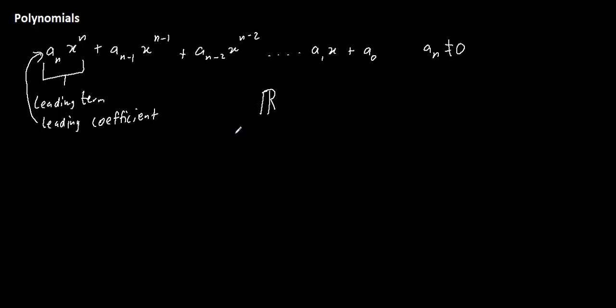If the coefficients are all rational, the polynomial is said to be defined over the field of rational numbers. Or if preferred, the field of real numbers.